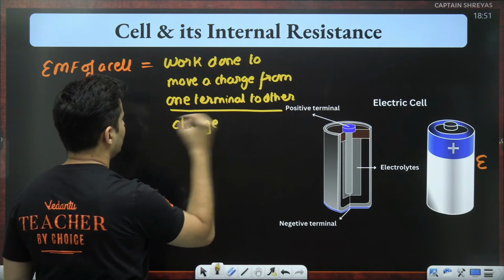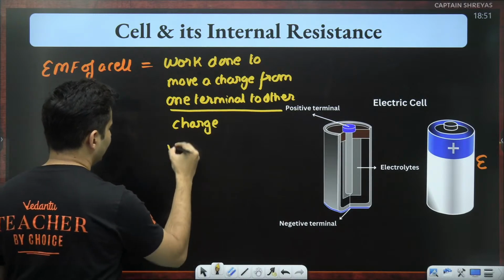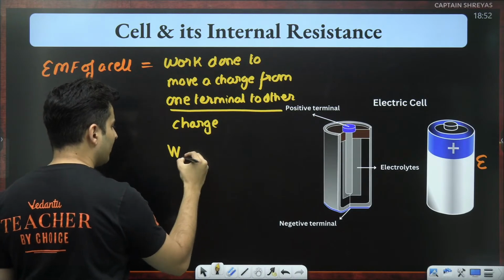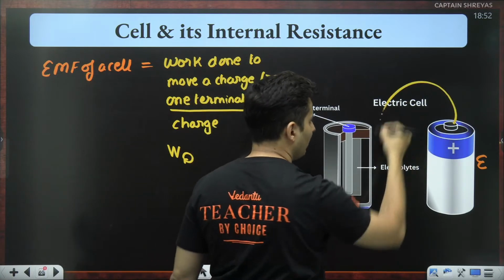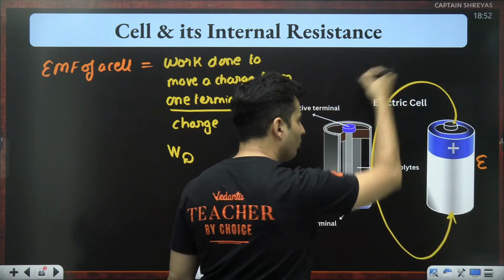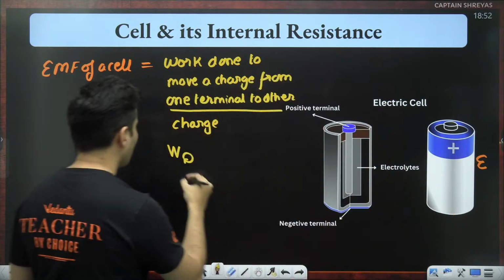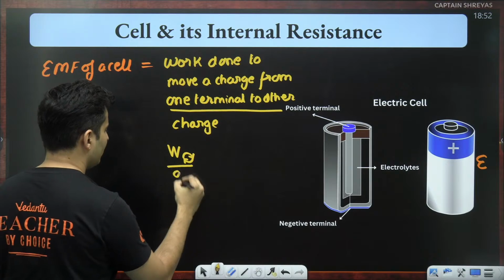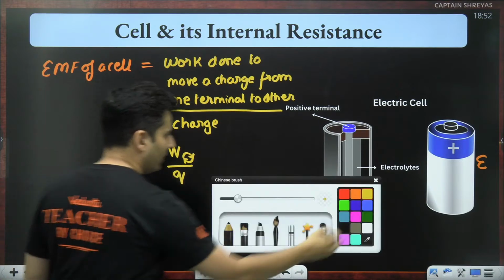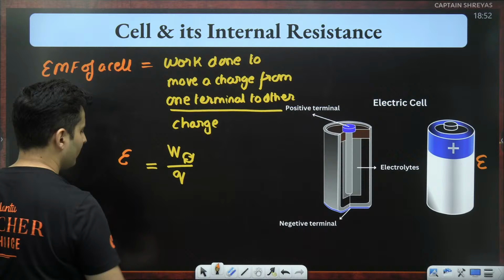So the work done to move it from one terminal to the other terminal, that means once across the circuit, upon the charge that you have moved, which is basically Q. This is what is nothing but EMF.